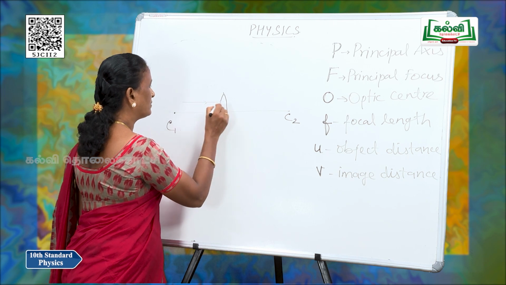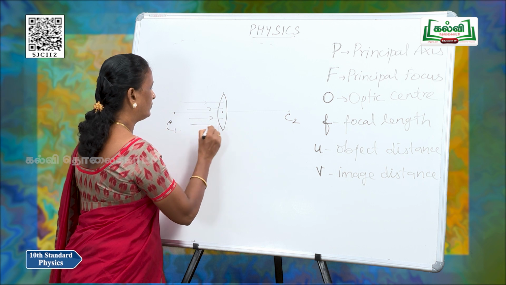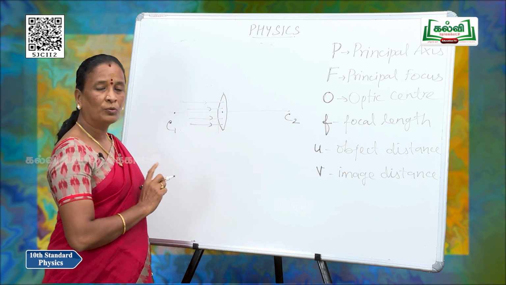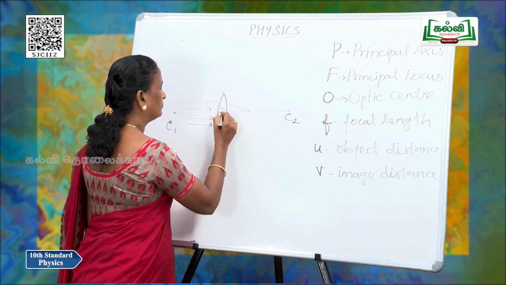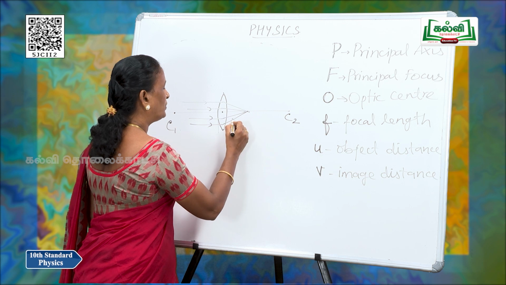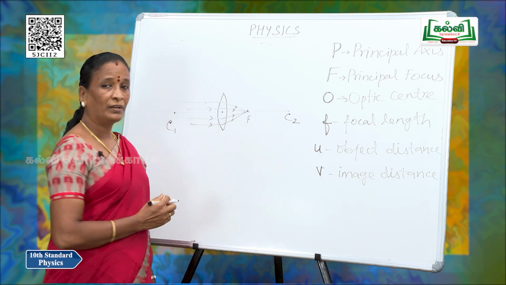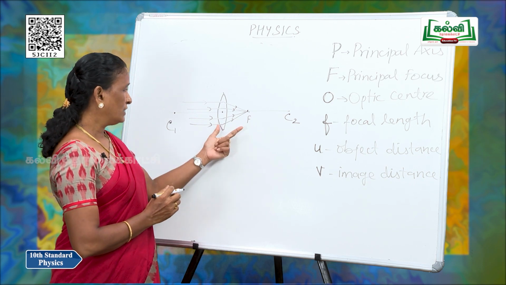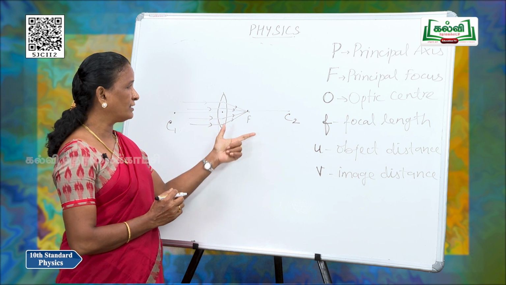What happens? Just now we have seen that rays parallel to the principal axis converge after refraction at a point on the principal axis, isn't it? This is capital F. I already told you that the distance between the principal focus and the optical center is small f.